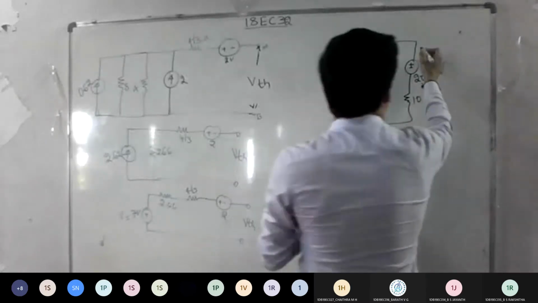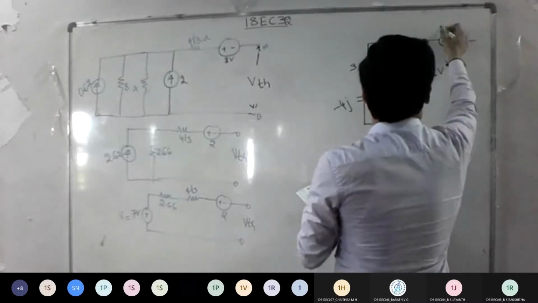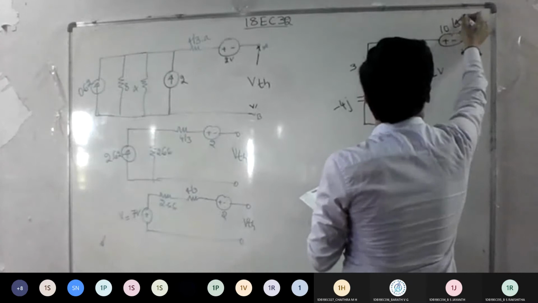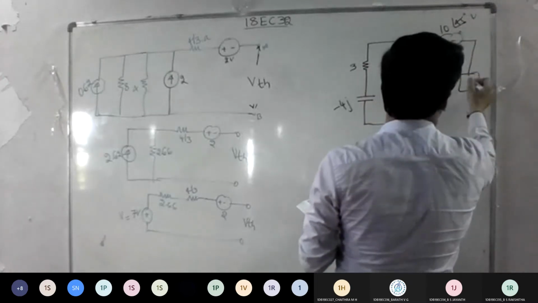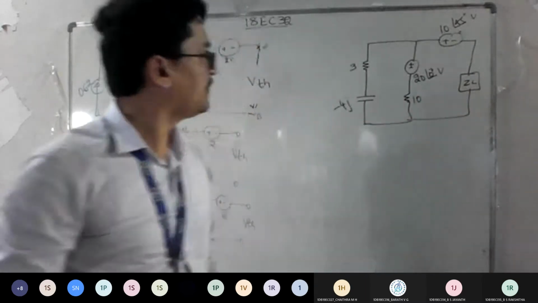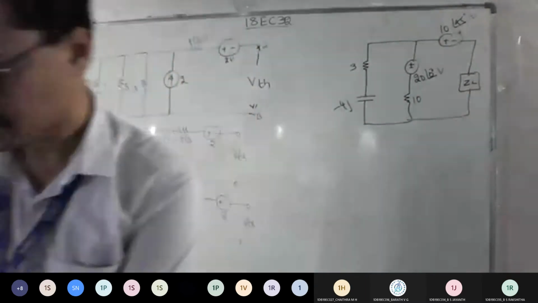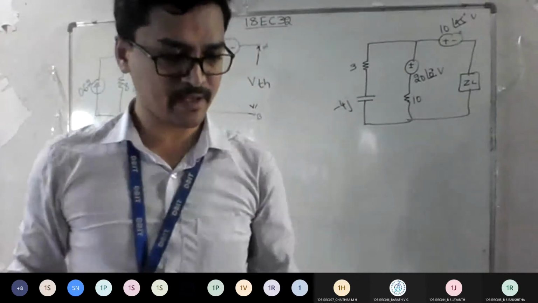So it is in polar form now. They have given two voltage sources for you: 10 at an angle 45 volt, and this is your load impedance ZL. Is the question visible? Yes, sir.